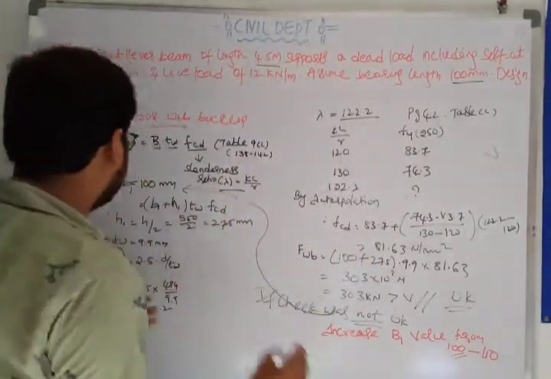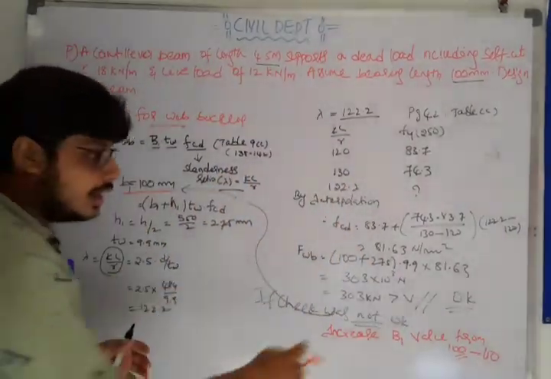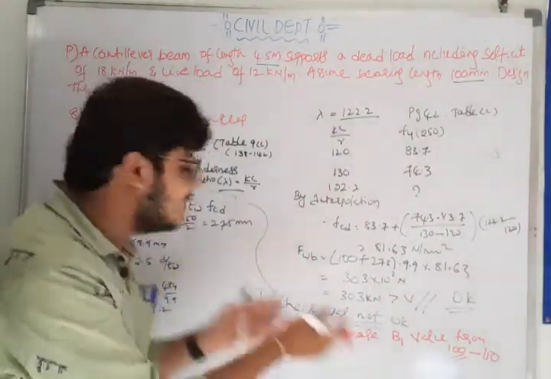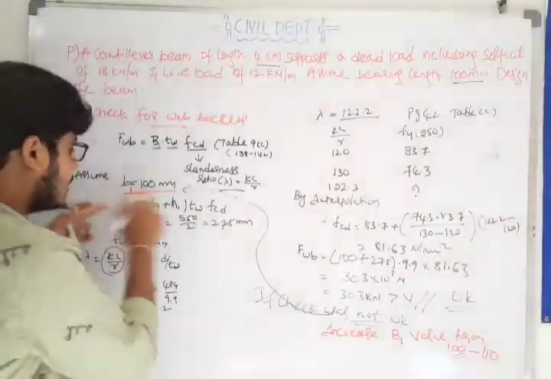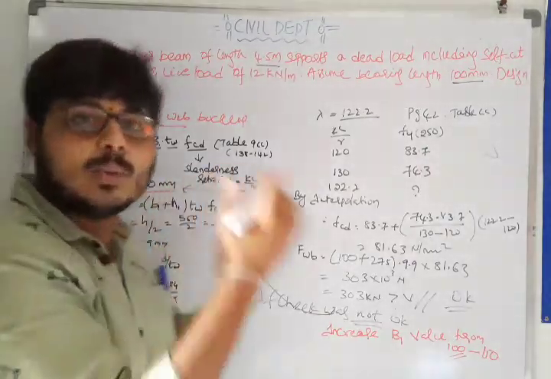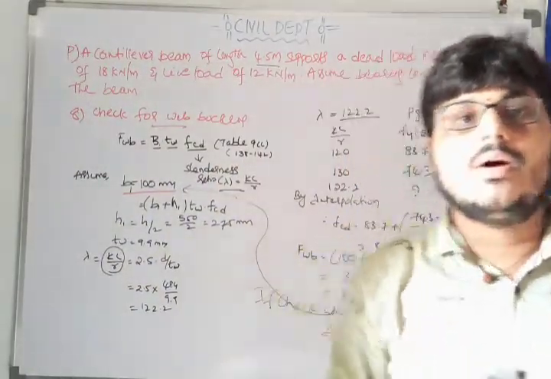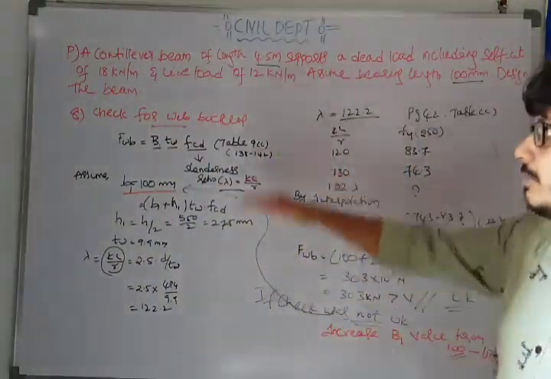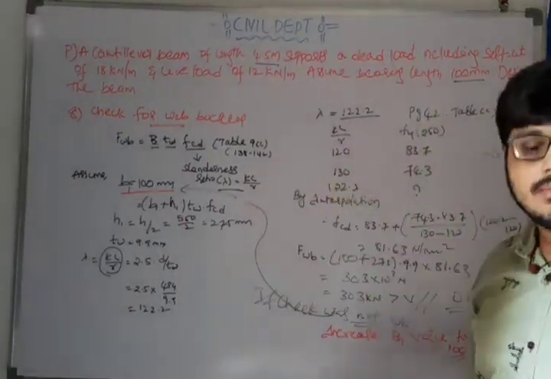If the check fails, increase the value of B1 from 100 to 110, 120, 130 or anything. Okay, this is the check for web buckling.